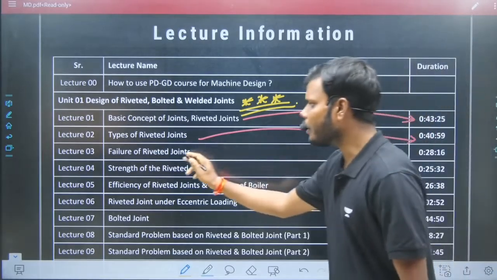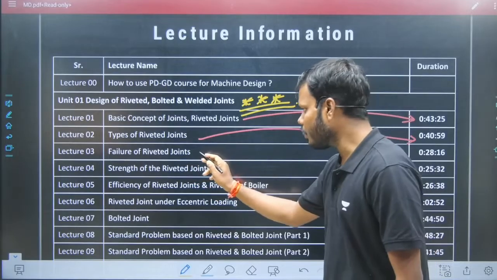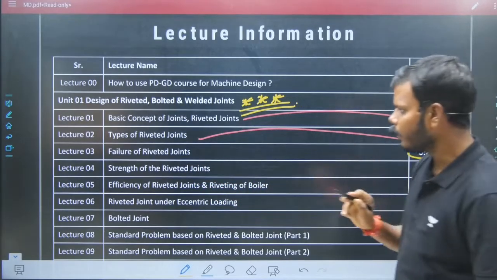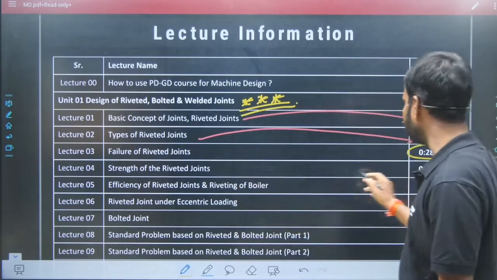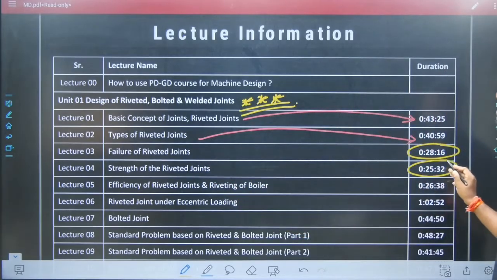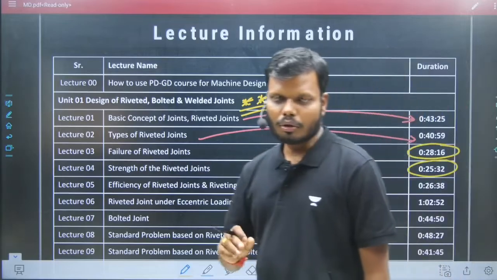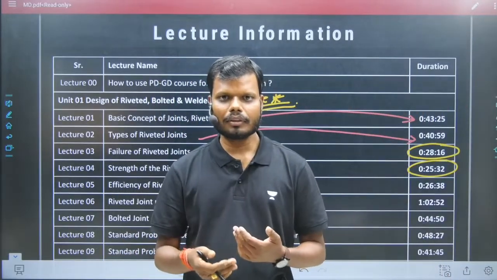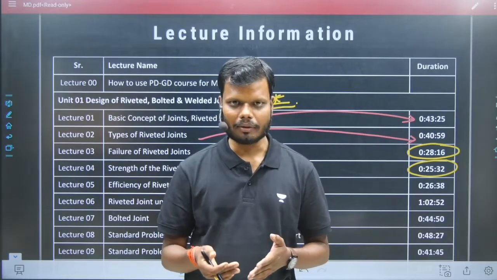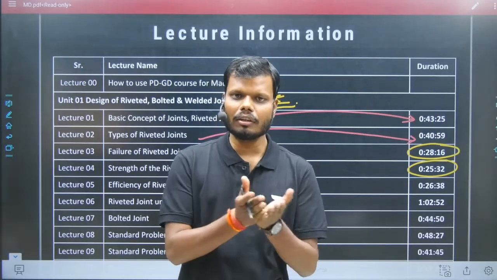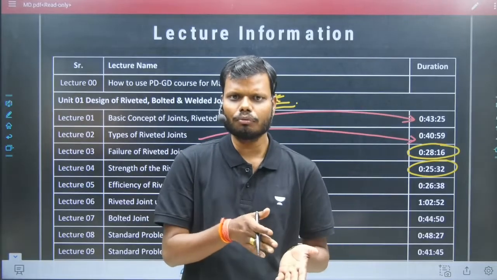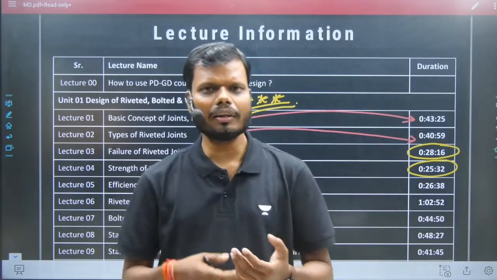Failure of riveted joints will be covered in 28 minutes 16 seconds, and strength of riveted joints will be covered in 25 minutes 32 seconds. Failures of riveted joints are tearing failure, shearing failure and crushing failure, and one more failure, that is failure due to less margin.